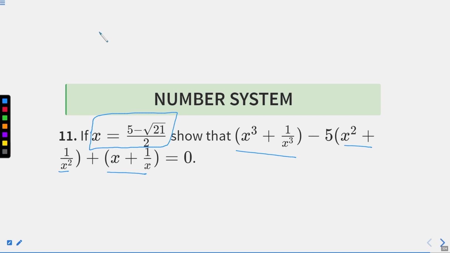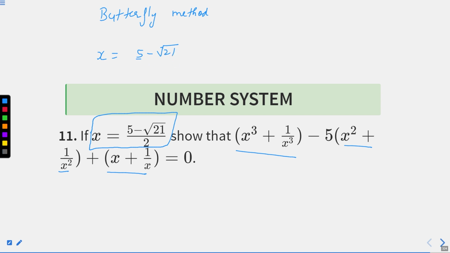What we'll do, if you remember, I used the butterfly method. Here I'm also doing the butterfly method. Let's see how I'm going to apply this method.